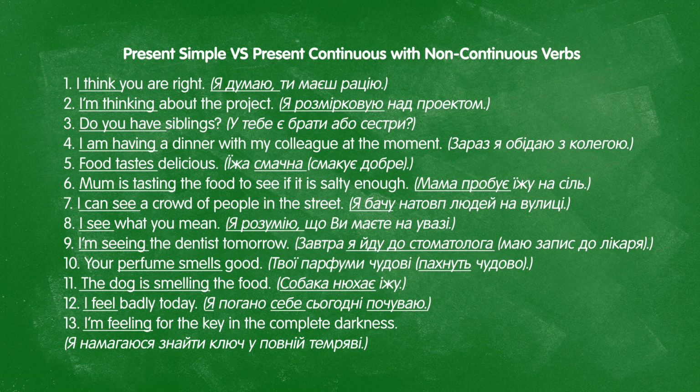We don't know. And the last two examples, I feel bad today, and I'm feeling for the key in complete darkness. Now, these two have a completely different meaning. I feel bad today. Here, I'm talking about myself. I don't feel well. Maybe I'm sick, maybe I'm depressed.